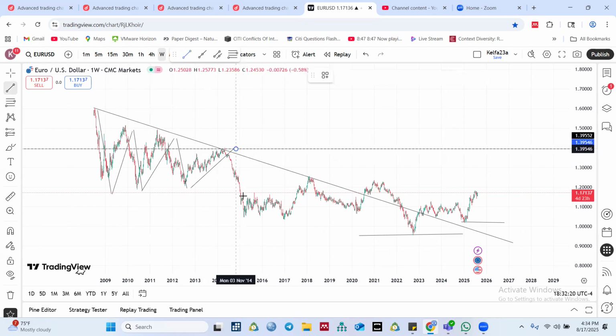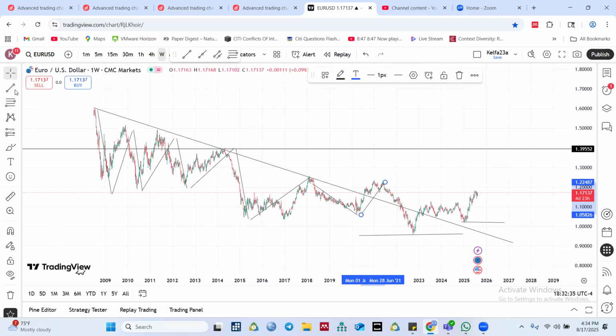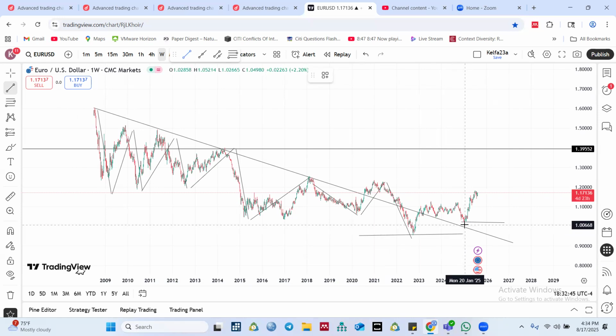We have a lower low, and then we have a lower high, and then we have a lower low, we have a lower high, and we have a lower low. And from this last low here, we have not seen any price action giving us a lower low again. So this is the last low point.